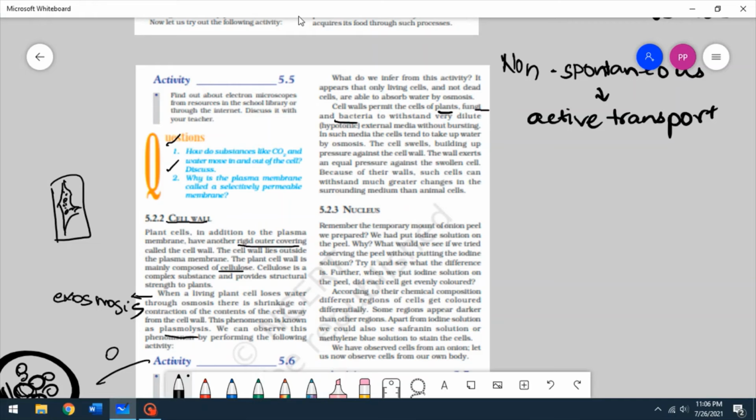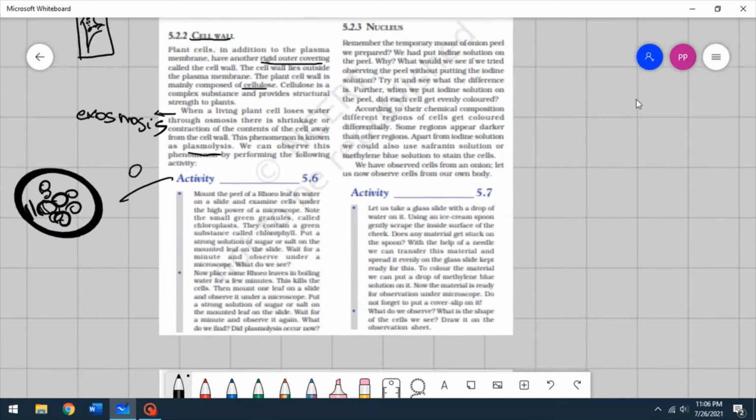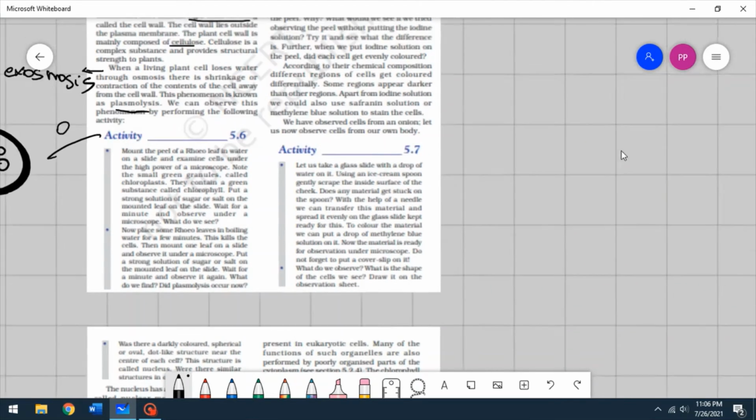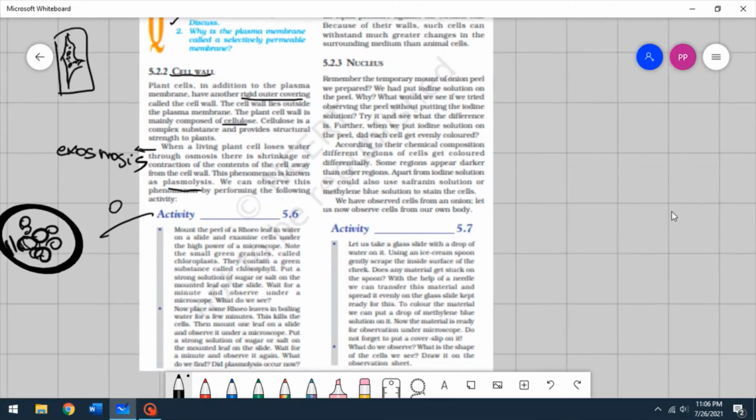Because of their walls, such cells can withstand much greater changes in the surrounding medium. So they don't easily burst, like tearing covers. But animal cells are more prone to do that easily because they don't have that protective cell wall.